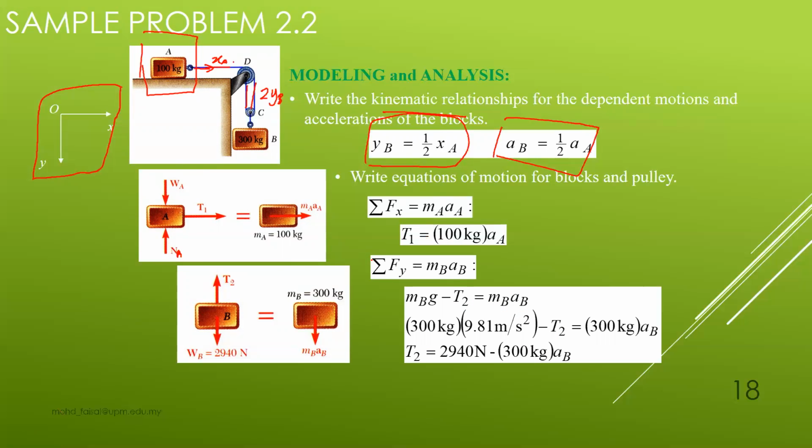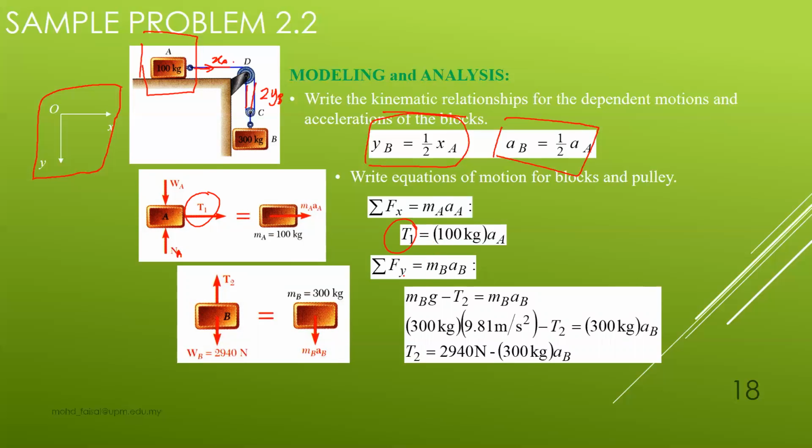Then for this one, the summation of forces in the y direction, what we have is MB aB. In the x direction, we only have one force, so that's why we only have this part here.